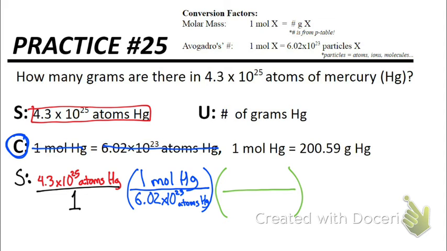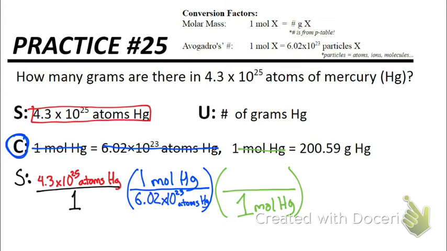What's on top must come down. If we have moles of mercury on top, we know we want moles of mercury on the bottom. So I'm going to write moles of mercury. How many moles? Well, we already used up the mole over here. We used up this whole conversion factor, so we can't use this anymore. But we still have this one open, and we only have one side that says moles, so we know it's going to be 1 mole. What goes on top?